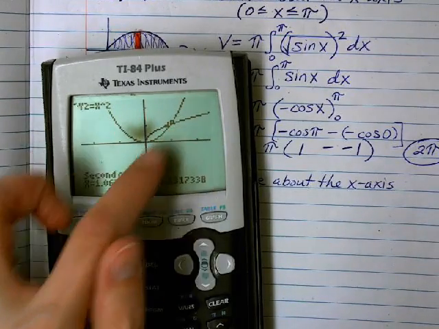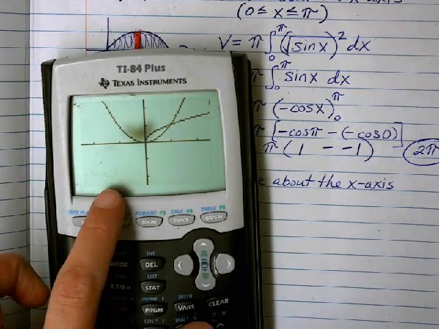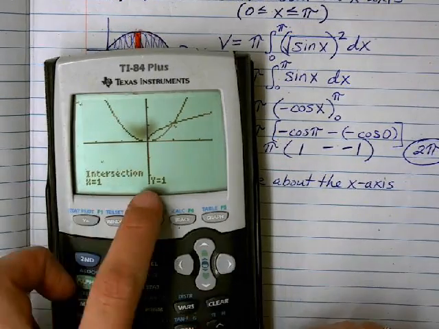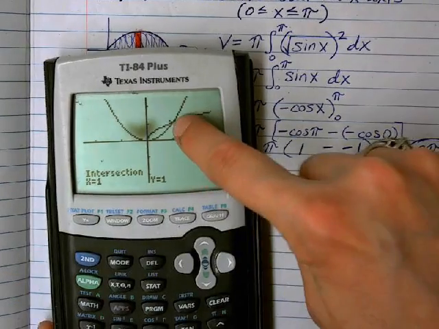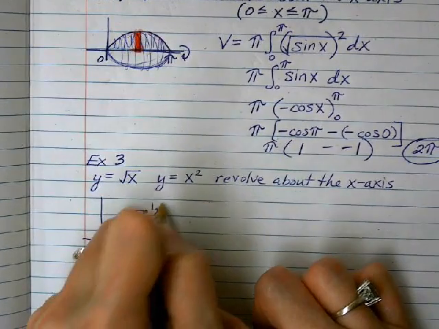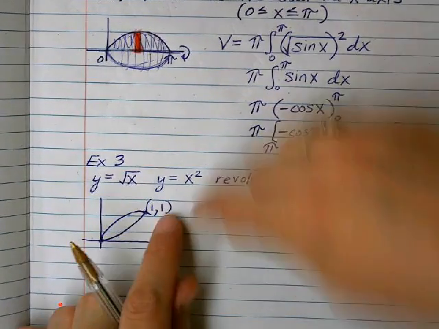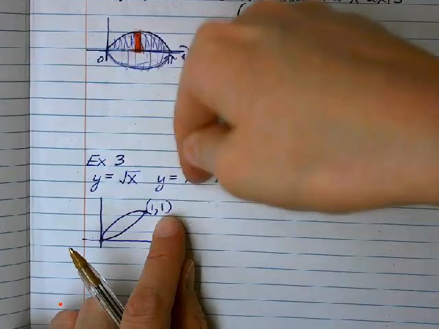Hit enter a third time, then it tells you intersection 1, 1. That point where they intersect is 1, 1. Desmos is very handy too, and it tells you where they intersect. You can just click on the points on Desmos. Another way to find where they intersect is to set these equations equal to each other and solve. You can do it algebraically.